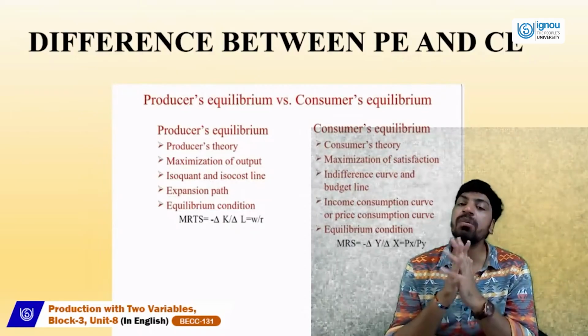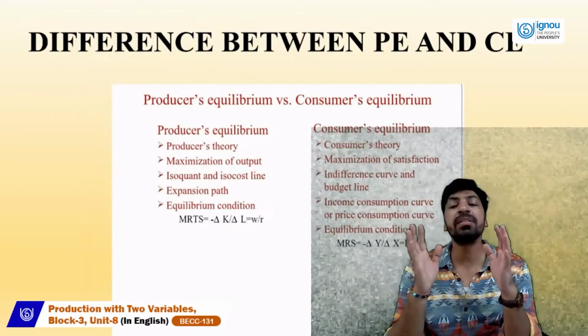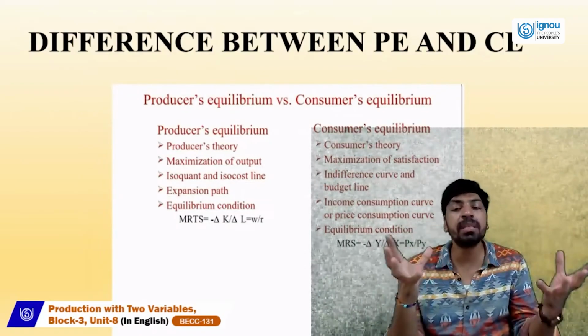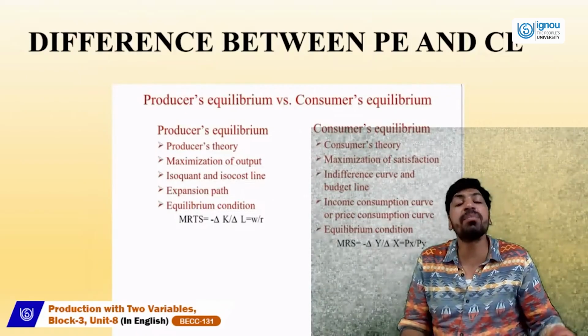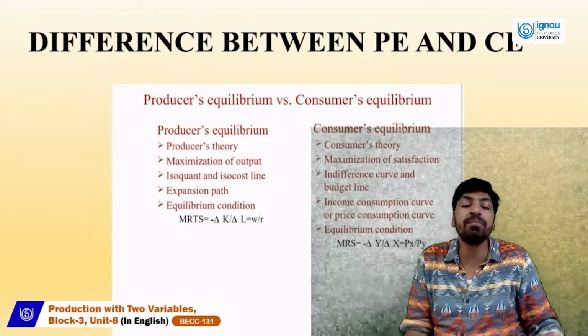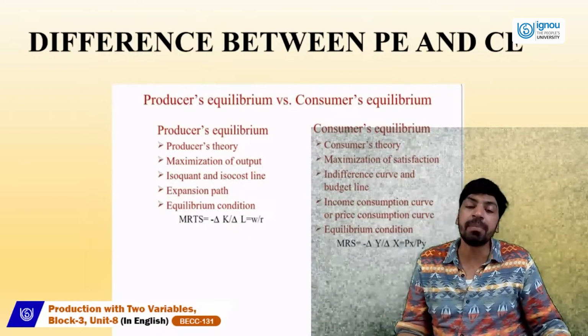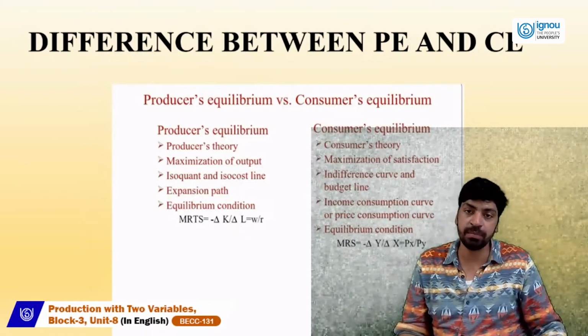When we talk about the consumer, we consider the prices of two variables. But for producer equilibrium, we consider the prices of the two factor inputs, that is labor and capital, wages and interest.